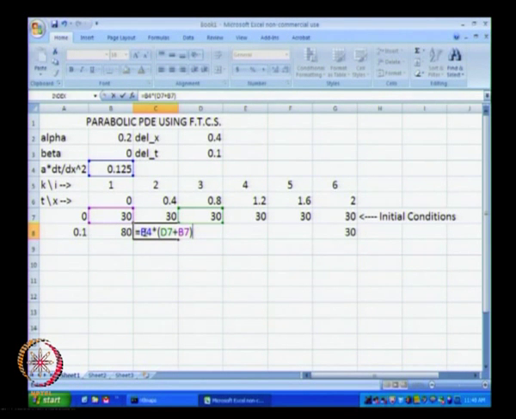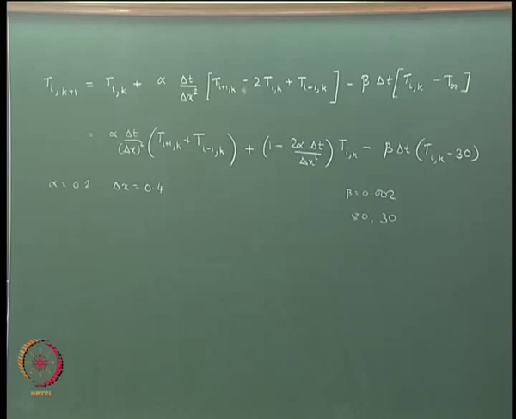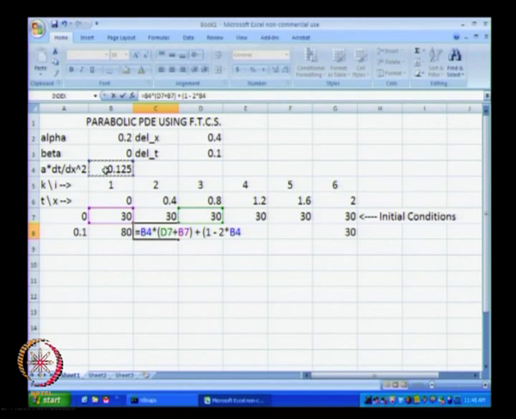This is added to 1 minus 2 multiplied by alpha delta t by delta x squared, multiplied by T i comma k.